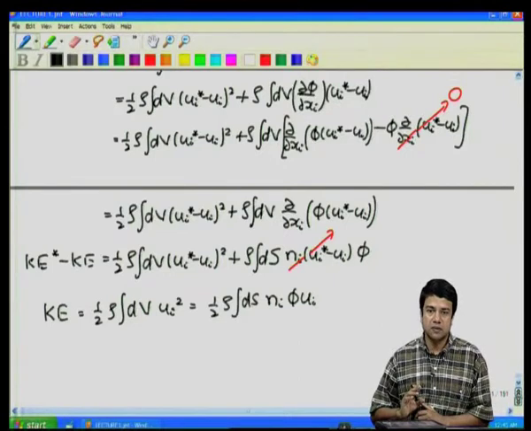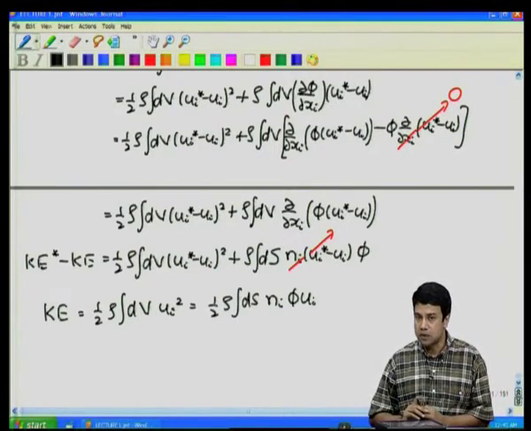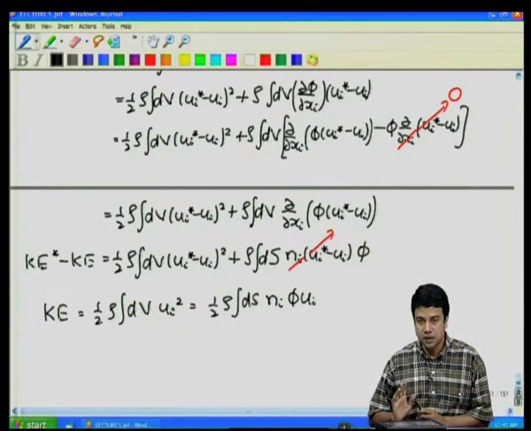That means that in order to find out the kinetic energy of a potential flow, one does not need to know what the velocity is everywhere within the fluid. It is sufficient to know the potential only at the bounding surfaces, the potential plus the velocity. The velocity of course is the gradient of the potential. So long as you know the potential and its gradient at the bounding surfaces, you know exactly what the kinetic energy is for the entire flow. So that is one advantage of dealing with potential flows.